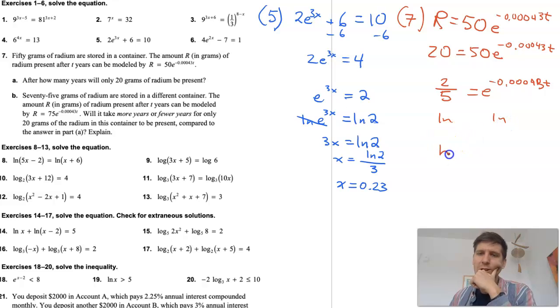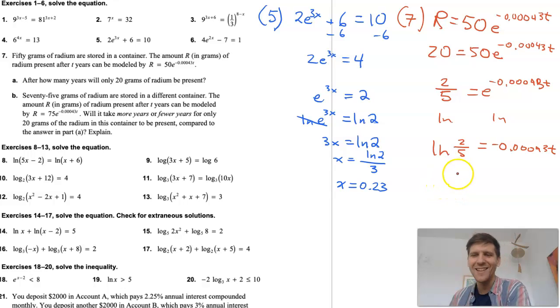I'm just going to get the ln of 2 over 5 equals this number. We got it out of there. Divide by negative 0.00043. And so the amount of time would be equal to this log, maybe I'll put it in parentheses now since it's getting a little more complex, divided by this decimal.